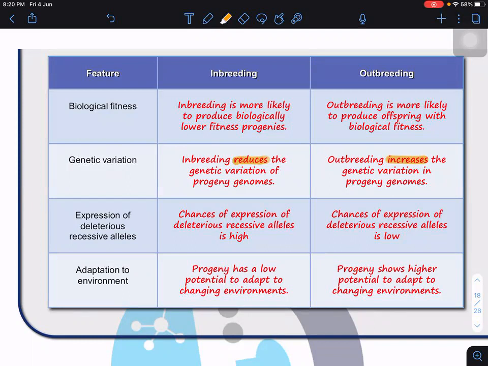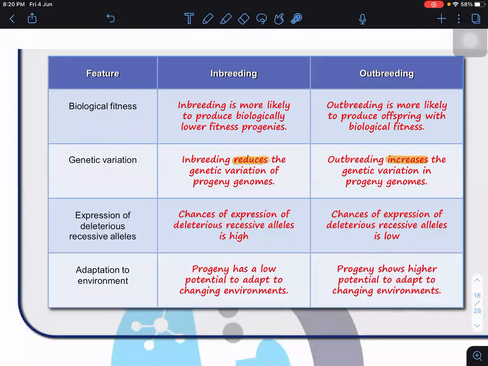Okay, expression of deleterious recessive alleles, meaning disease-causing alleles. The chance of expression of deleterious recessive alleles is very high with inbreeding because of pure breeding and homozygosity. But with outbreeding, the chance of expression is low because of heterozygosity, so the dominant allele can still mask the recessive allele.